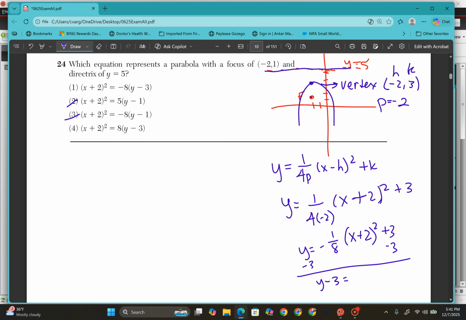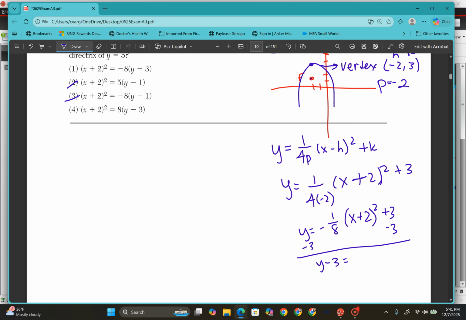do I know it's not those two? Let's do it. -1 over 8 times x plus 2 squared. How do I get rid of this -1 over 8? Multiply it by -8. So that will allow this to cancel.